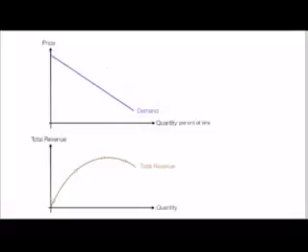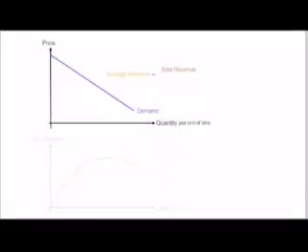Average revenue is worth mentioning as well. The way I calculate average revenue for a monopoly is I take total revenue divided by quantity, that's average revenue, which is price times quantity divided by quantity. So those two quantities cancel out.